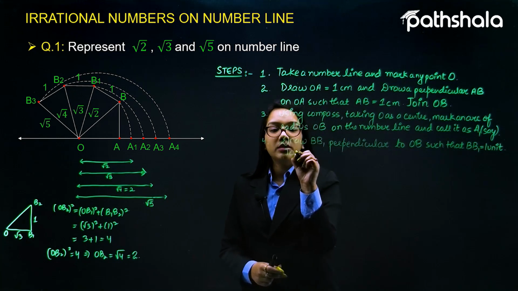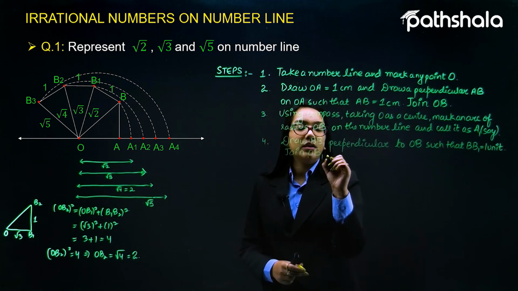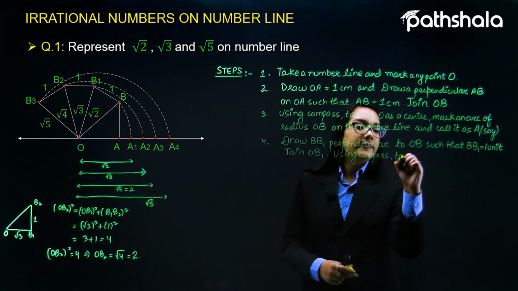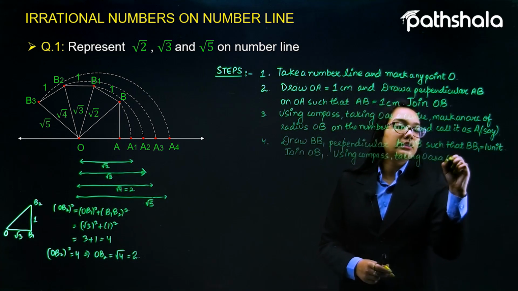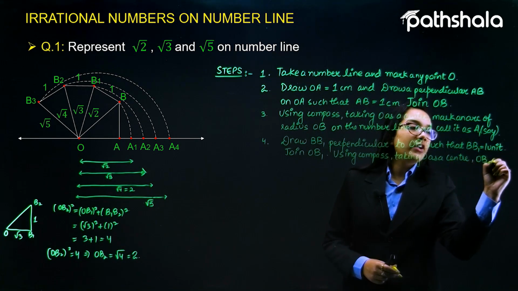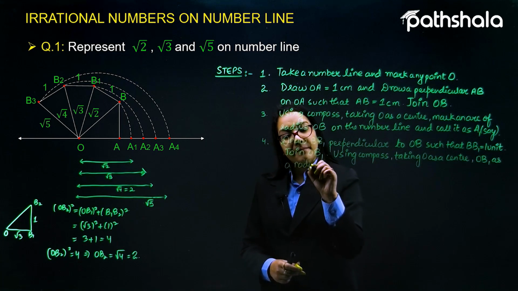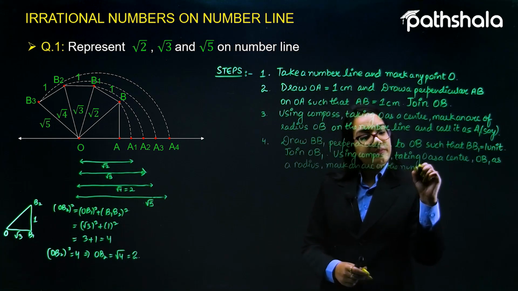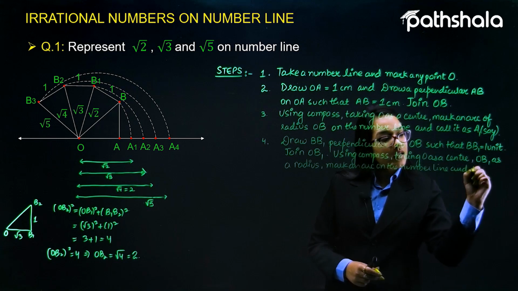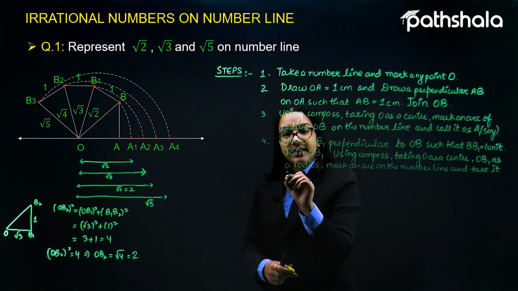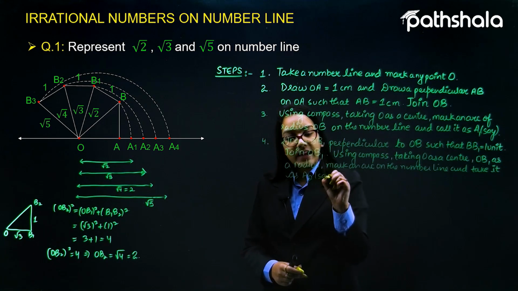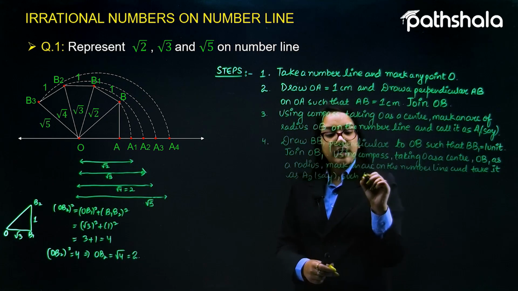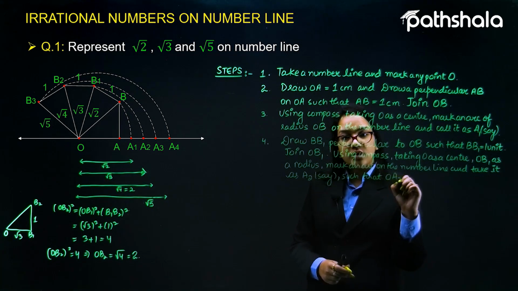Further, join OB1. So using compass, taking O as a center, OB1 as a radius, mark an arc on the number line, and call it as A2, such that OA2 is nothing but root 3.